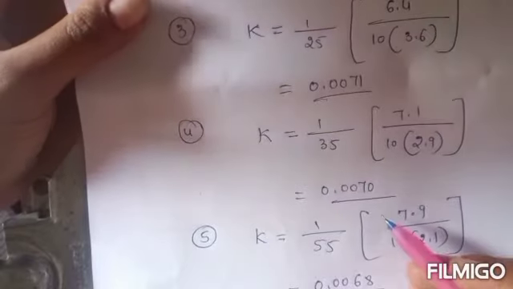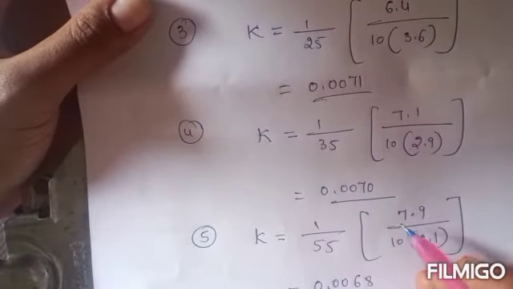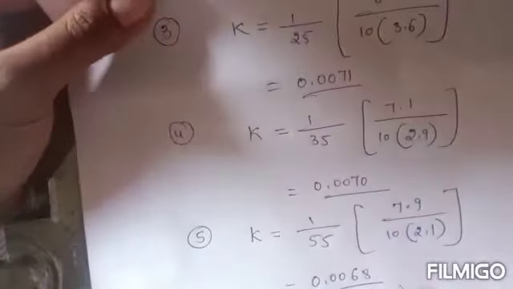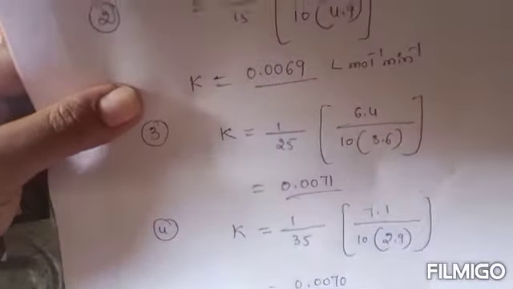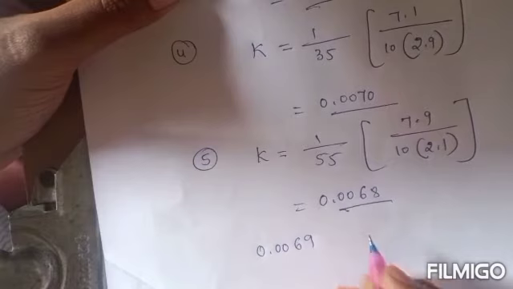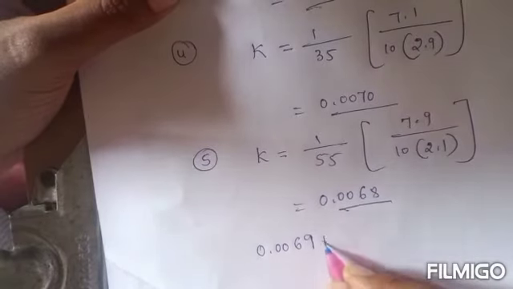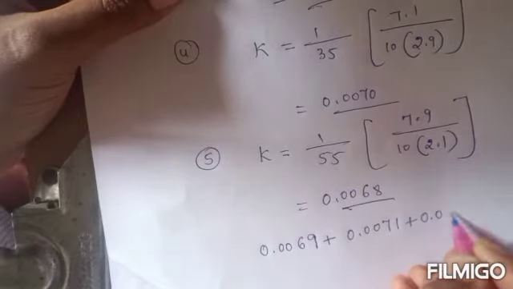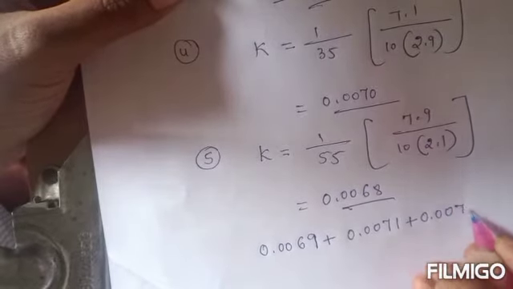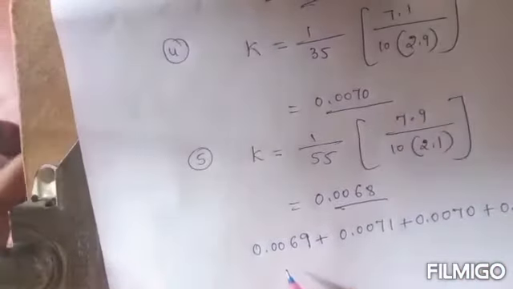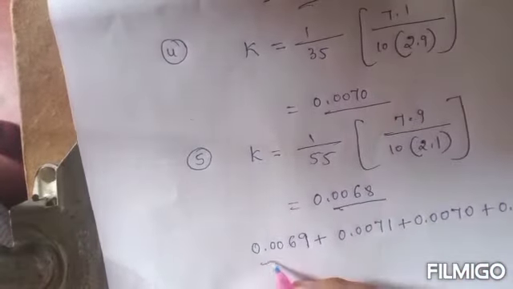So that is why the rate constant of a second order reaction is always constant. By knowing this, mean is 0.0069 plus 0.0071 plus 0.0070 plus 0.0068 divided by 4.